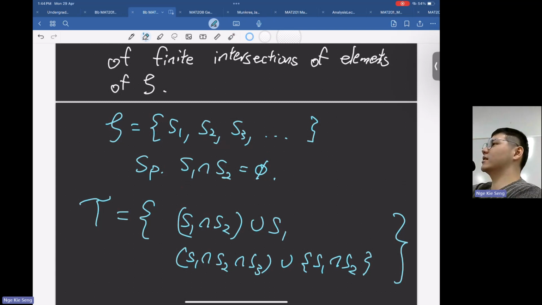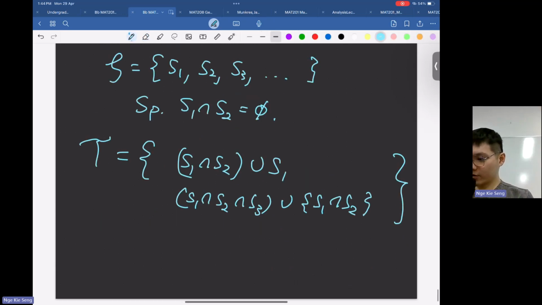But now you consider all the finite intersections and unions of them, not just finite intersections but also unions of them, and it still contains the original basis. Yeah, makes sense. So let's try to put a lemma here.